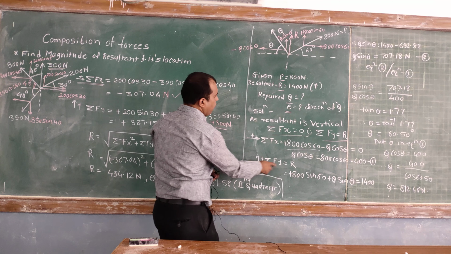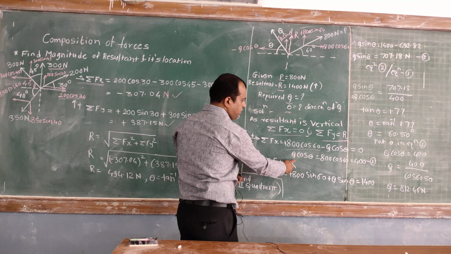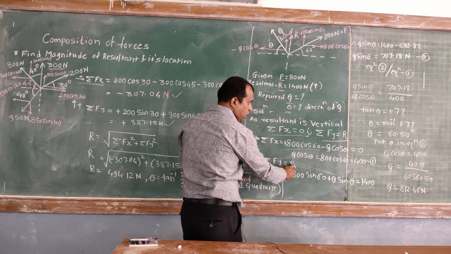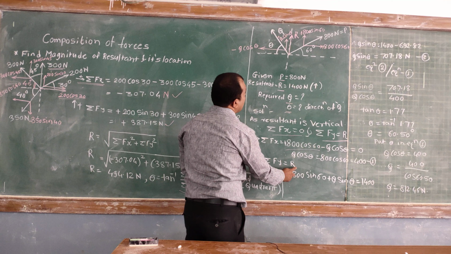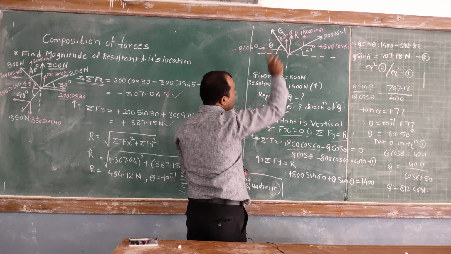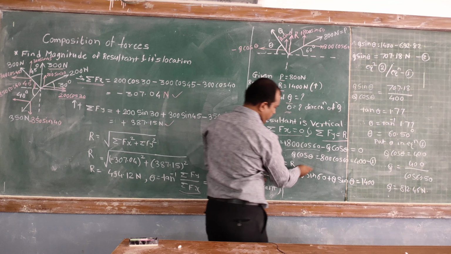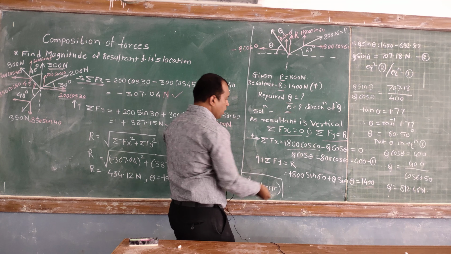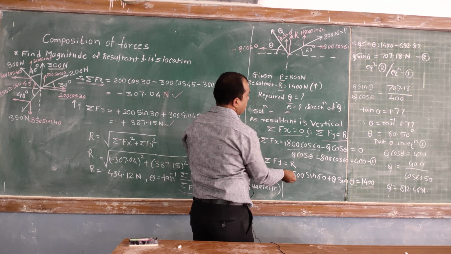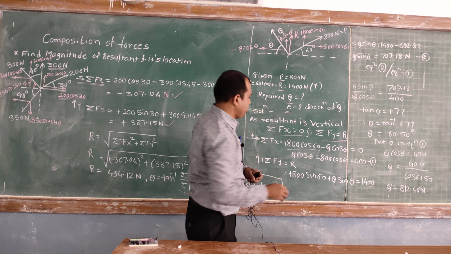Another, summation of Fy is equal to R. Why? Because it is already given that the resultant is vertical, therefore summation of Fy is equal to R. The value of R is given as 1400, vertically upward, so it is positive. So what is summation of Fy? It is the summation of all forces in the y direction.